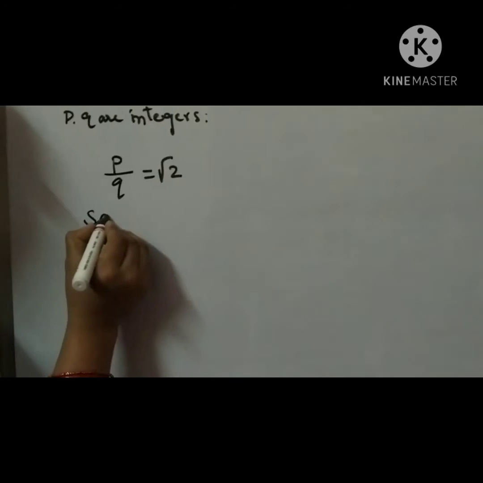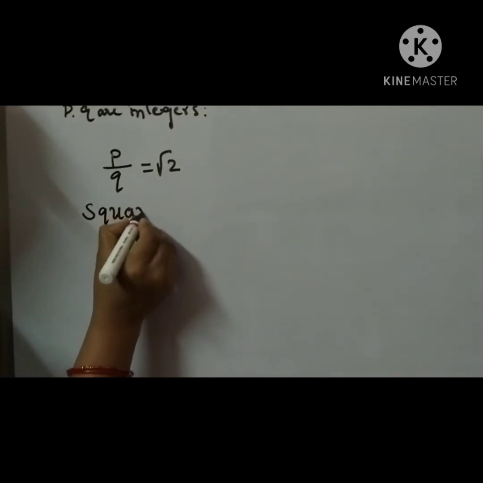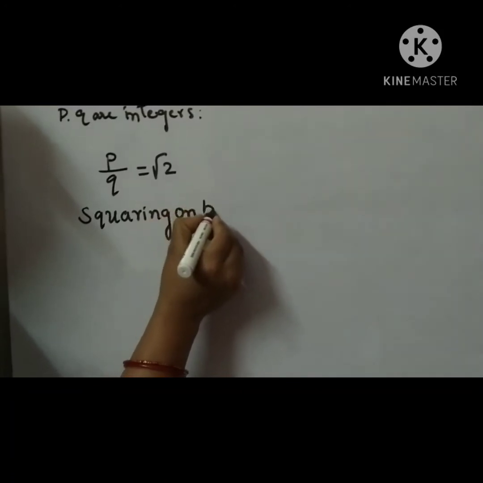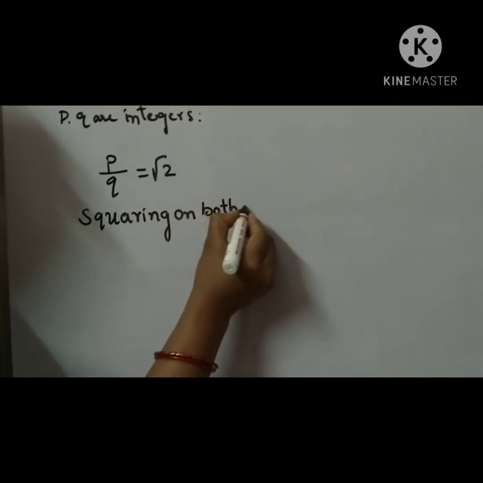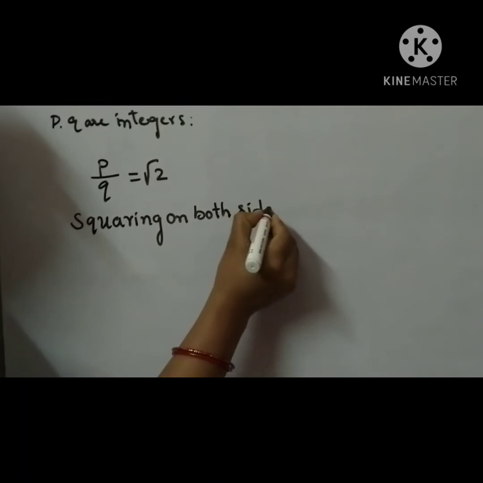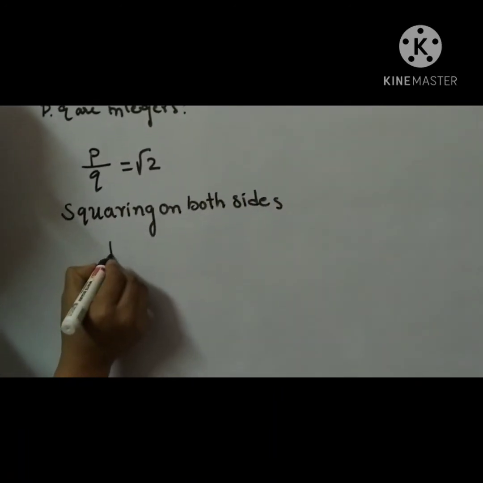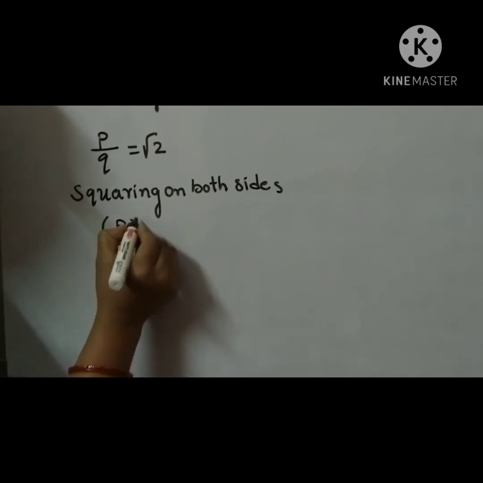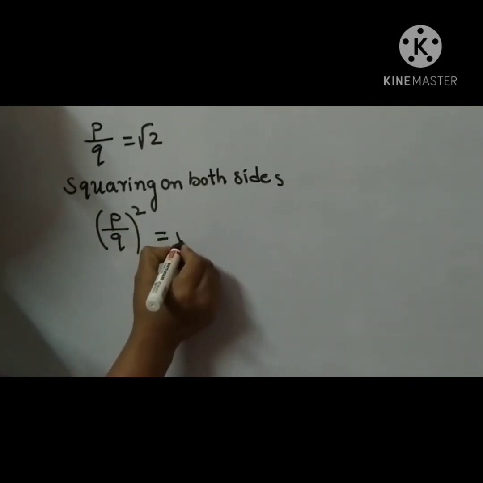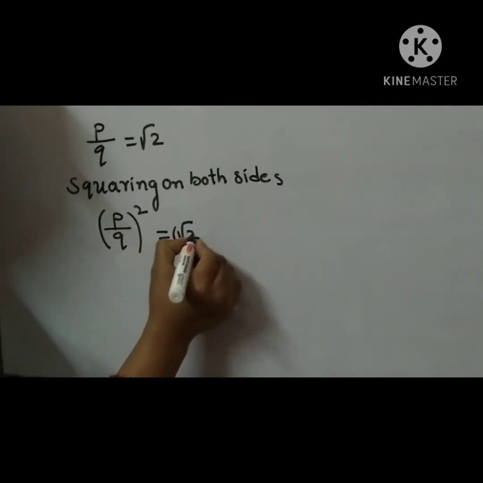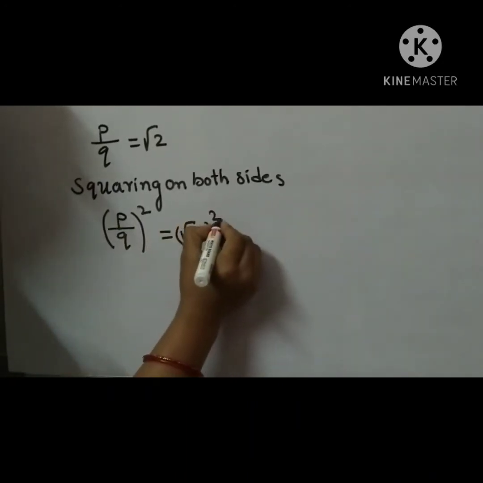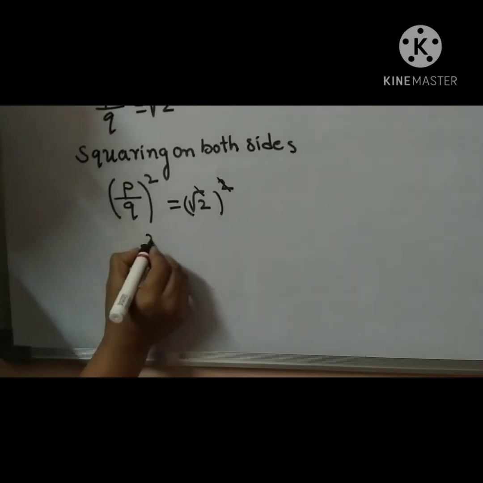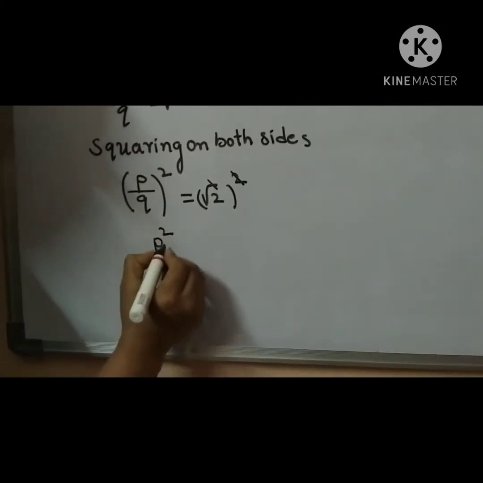In the equation, squaring on both sides, p by q whole square equals root 2 whole square. So the square root cancels. Here we have p square by q square.